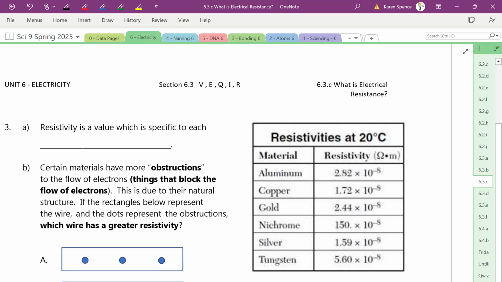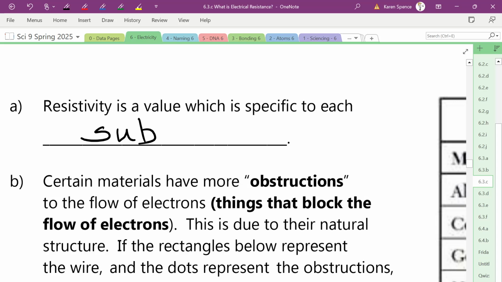Resistivity is a value which is specific to each substance. Any guesses? Substance, yes.